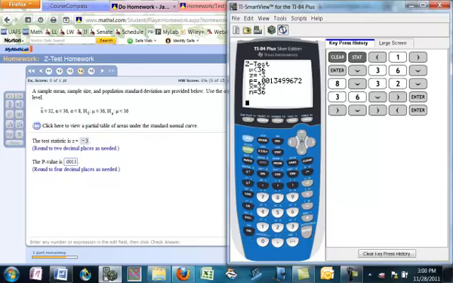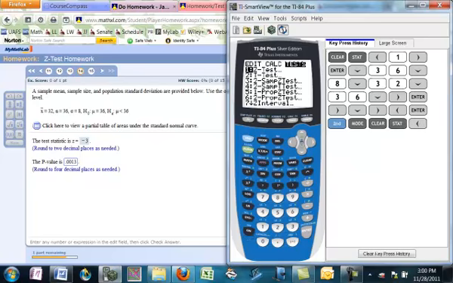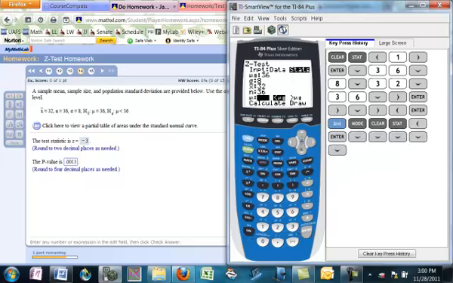Let me also show you something else, though. If we, let's see, clear that out, and suppose we start here, stat, test, again a z-test, let's use that one. Leave everything like it was, and by the way, notice it remembers what you put in last time, so if you want to do this again, you don't have to retype.